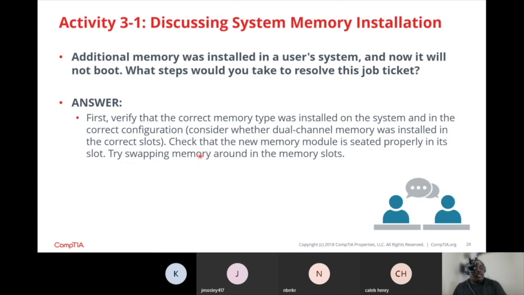If that was it, check whether the new memory module is seated properly. Remember, sometimes the computer will turn on, but you get no video. That's because the memory was not seated properly. So you always have to check that as well. Then try swapping the memory around in the memory slots.